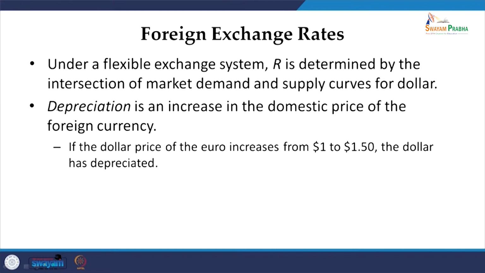Depreciation refers to the fact where the rate of exchange or the value of a currency declines eventually due to the market mechanism. The market mechanism helps in increasing or decreasing the value of a currency against another currency, and that is called depreciation.